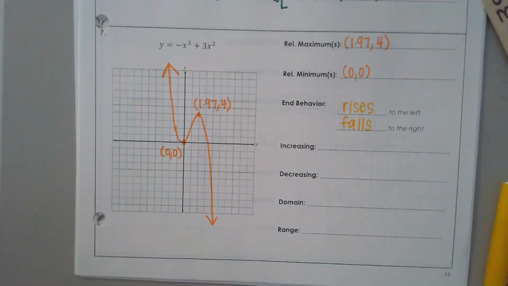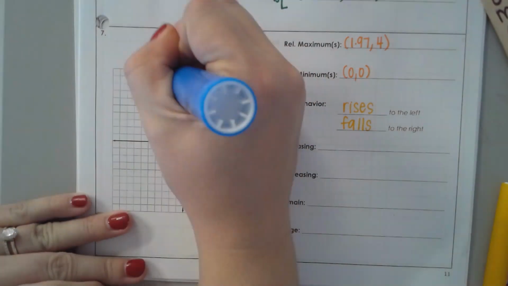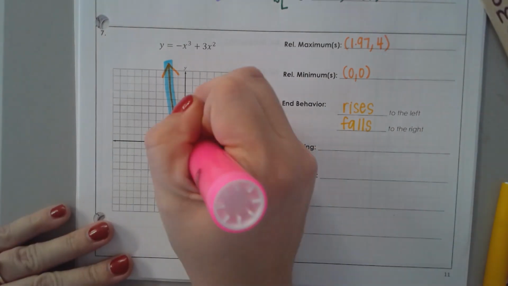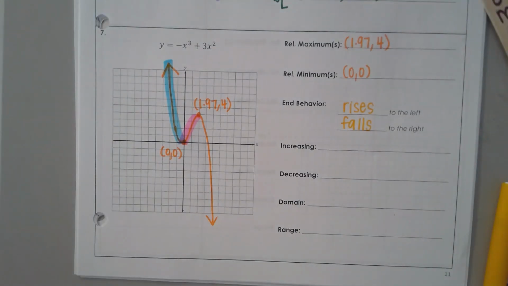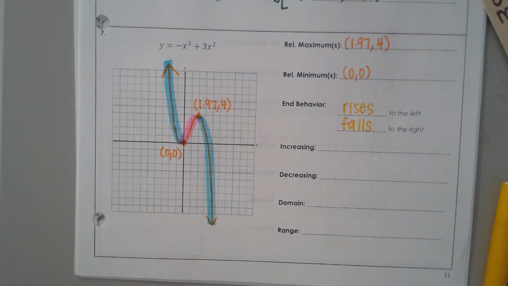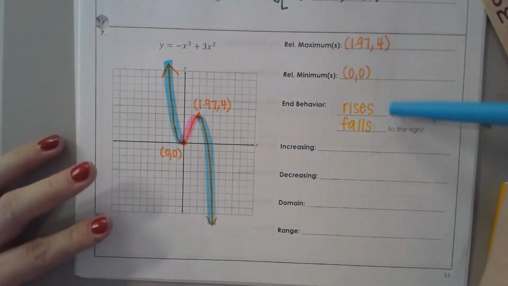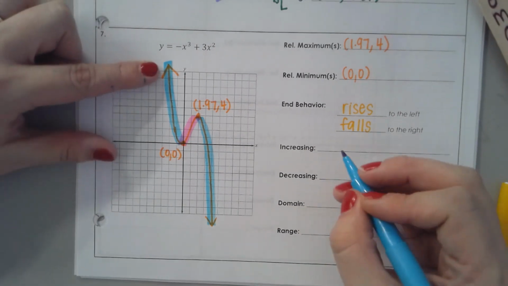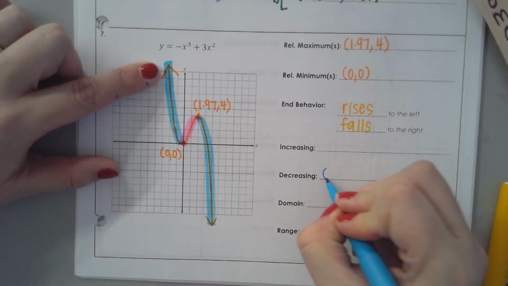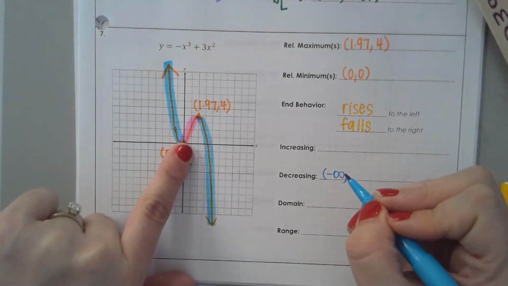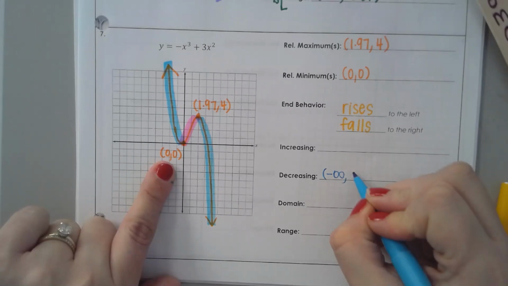And then I go decrease, increase, decrease. So we start decreasing. I start at an arrow, so from negative infinity to this point down here, and that point has an x value of 0.